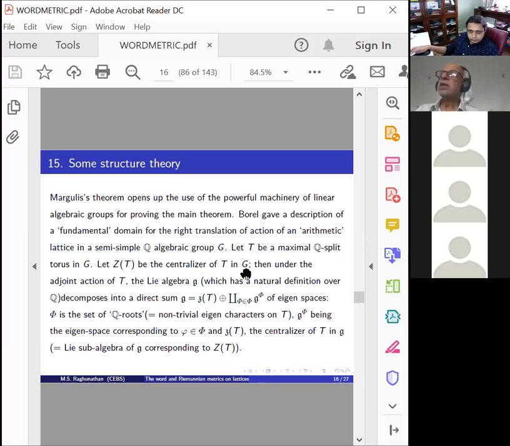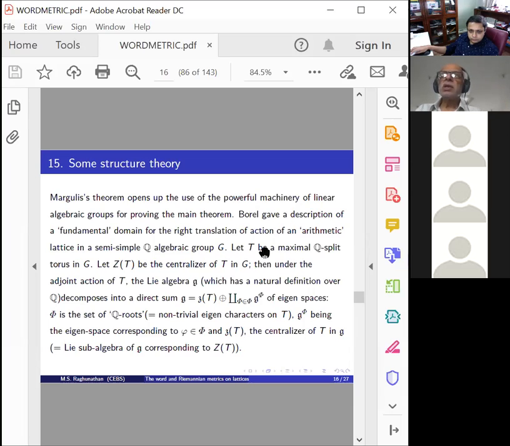That's the condition for the quotient set G mod Gamma to be compact.